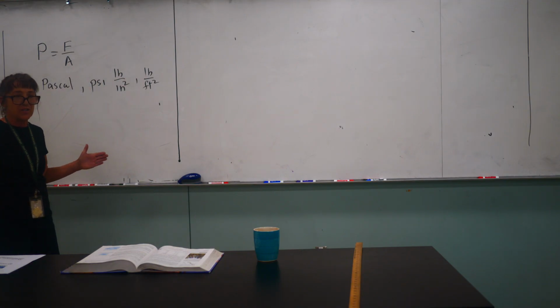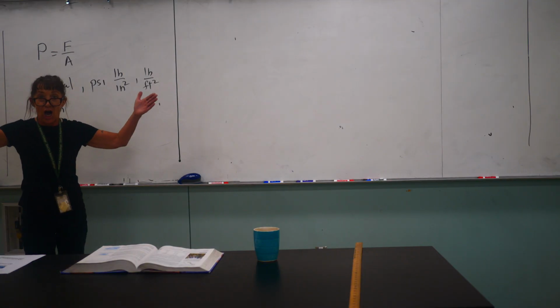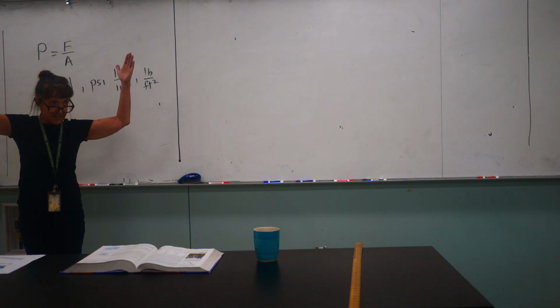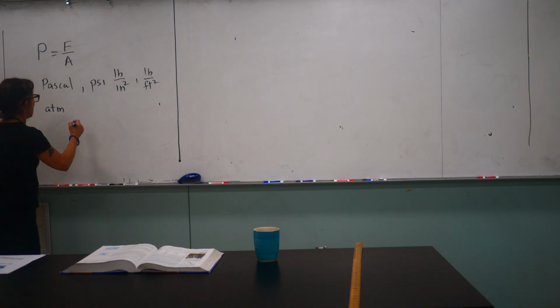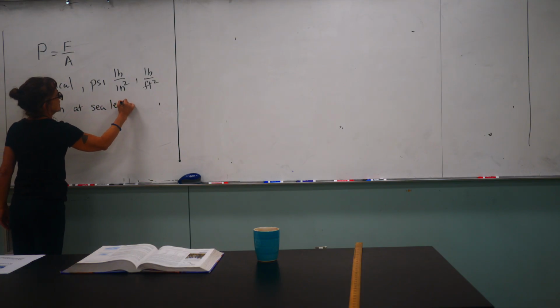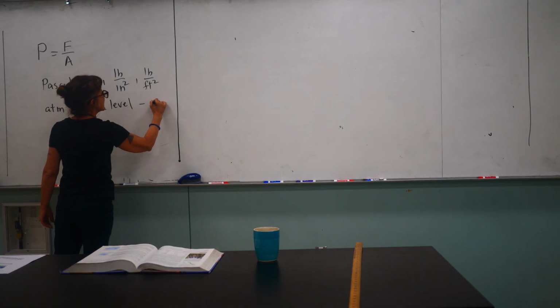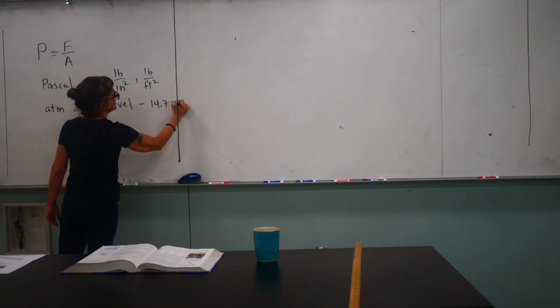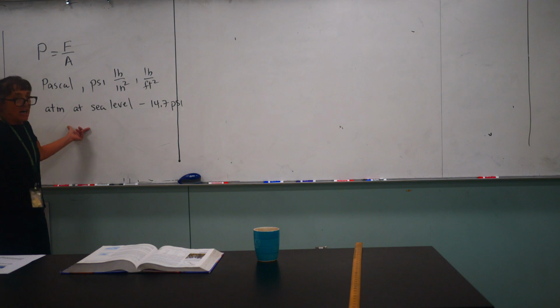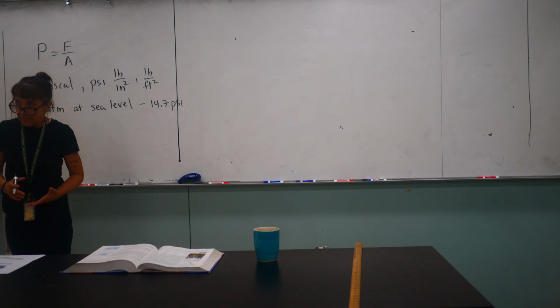A few things you should know is the atmosphere, ATM. And that is the weight of the column of air above us. At sea level, 1 atmosphere is 14.7 psi. So it's the weight of the column of atmosphere on Earth at sea level.